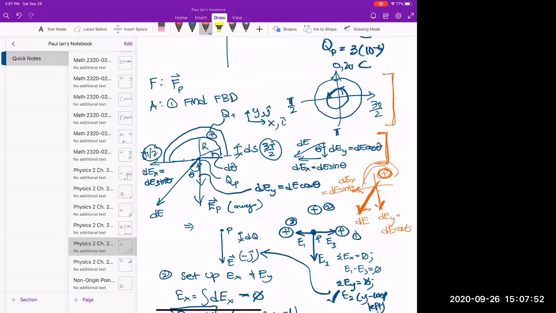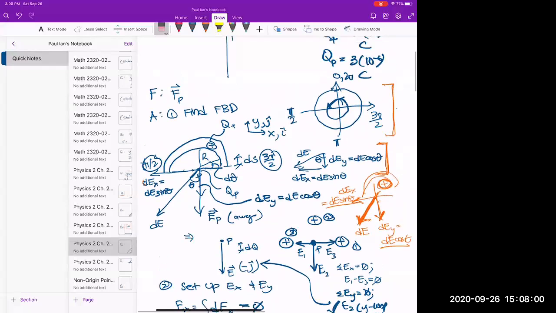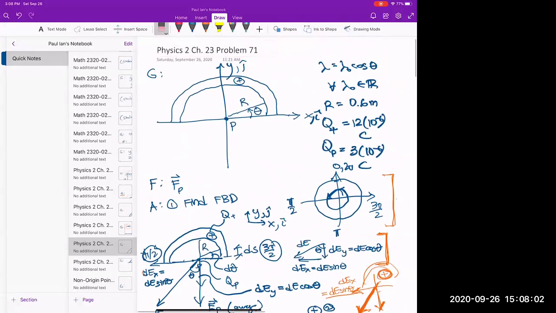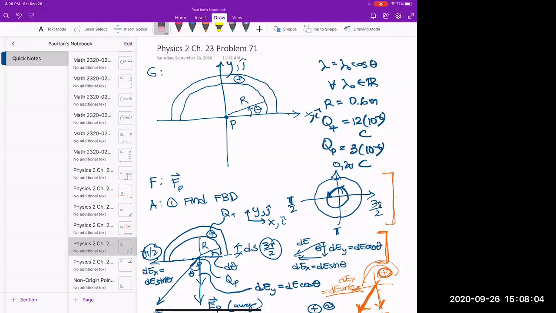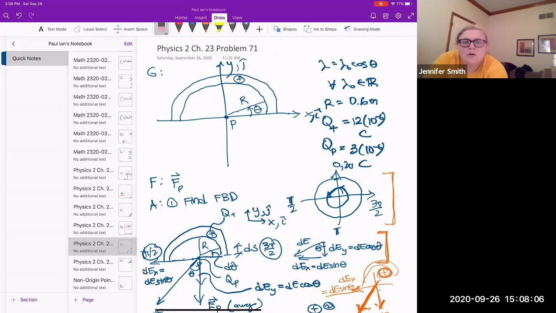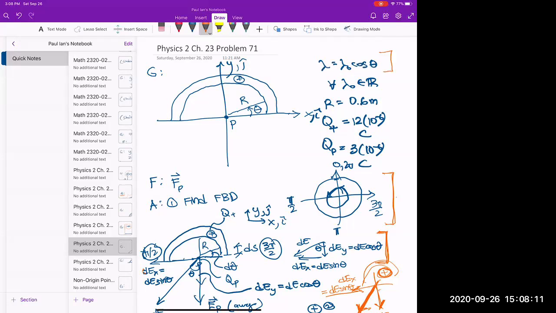But anyways, after you do that, then the component that you want, actually, before I talk about that, let's just take a look at what we have first for this guy. So he gives you the lambda. So it's lambda naught and cosine theta, right?